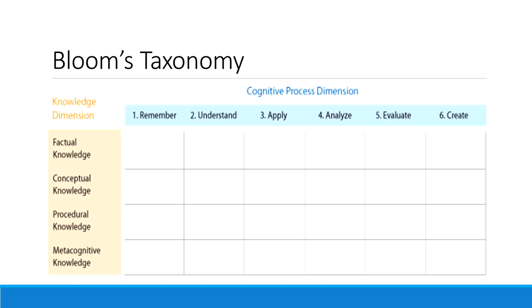Is it procedural knowledge, in that now they know how to do something, they can perform a skill? Or is it metacognitive knowledge, when they are actually aware of their own thinking? I would say that the metacognitive is difficult to realize, so I wouldn't think that any of the objectives would fit on the metacognitive level.